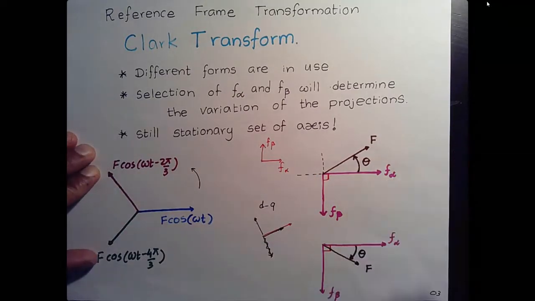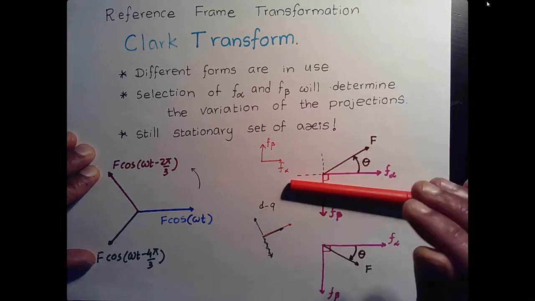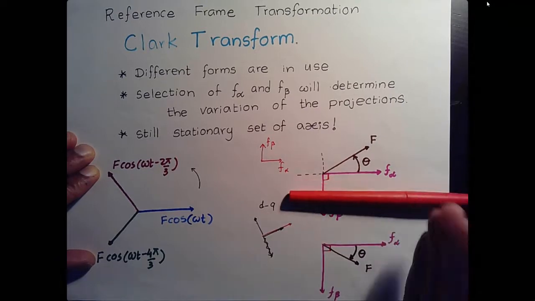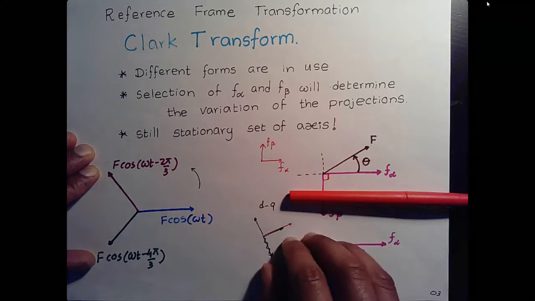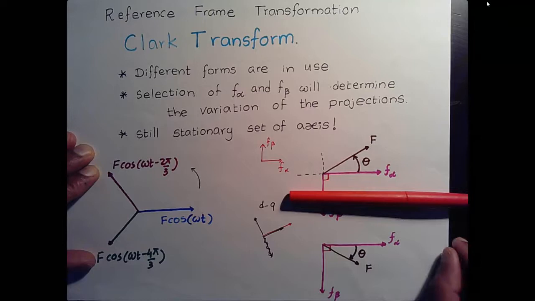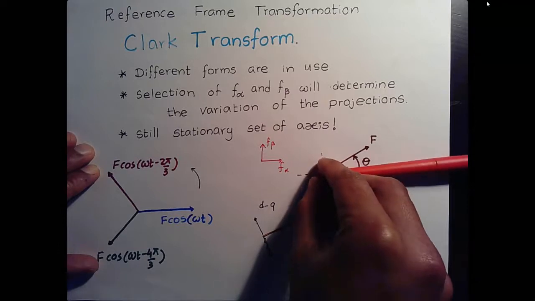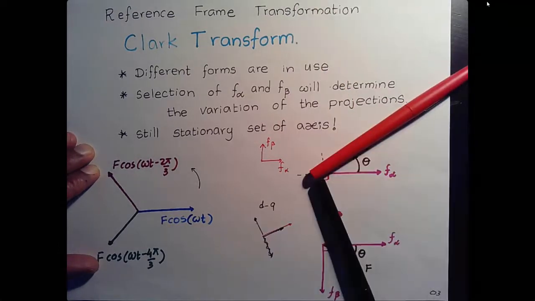And then the second thing that you have to consider when you apply DQ, going from the alpha beta frame to the DQ frame, is that you have a rotating frame now. In alpha beta, it's a fixed, stationary frame. When you go to DQ, that's a rotating frame. So when you have a rotating frame, you have to make sure your frame is rotating in the same direction as the vector.